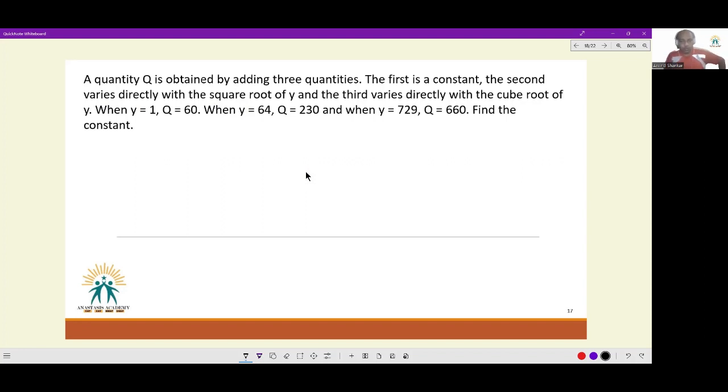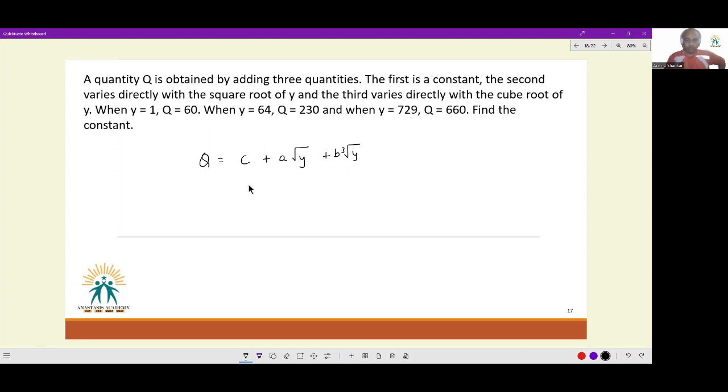A quantity Q is obtained by adding three quantities. First is a constant. The second varies directly with the square root of y. And third varies directly with the cube root of y. Okay. So Q is equal to some constant plus a times of root y plus b times of cube root of y.